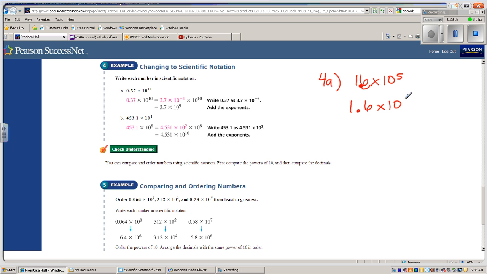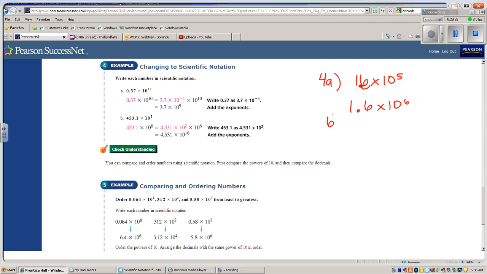I'm hoping some of you said to the 6th power. When we're moving this decimal, that means that we're multiplying by another 10, or 10 to the 1st power. So that exponent becomes 6.